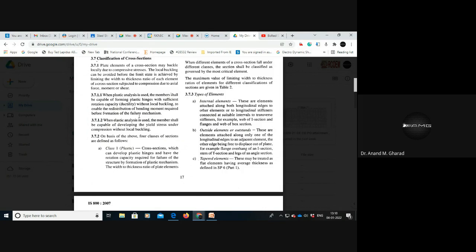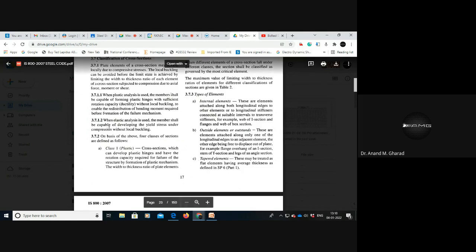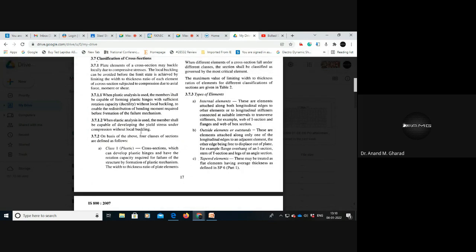Next, when elastic analysis is used, the member shall be capable of developing the yield stress under compression without buckling. That means the semi-compact stage. Okay, what happens in the semi-compact stage? The material yields, but it is not in a position to go beyond that yielding.